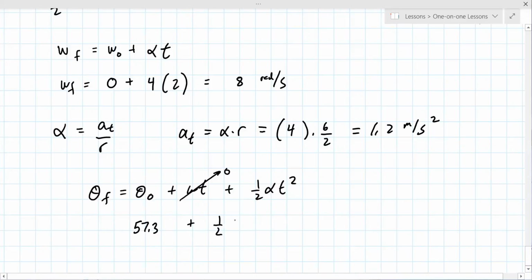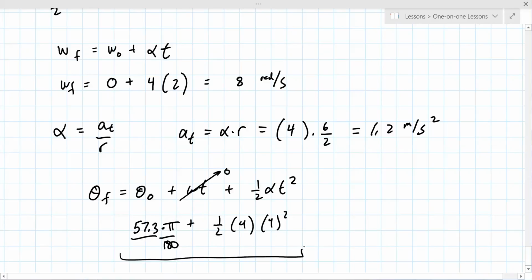Your alpha was 4. t is 2. Oh, this is in the wrong units. You need to multiply this by pi over 180. Mm-hmm. And then this whole answer is going to be in radians, so you multiply by 180 over pi to get it back to degrees.